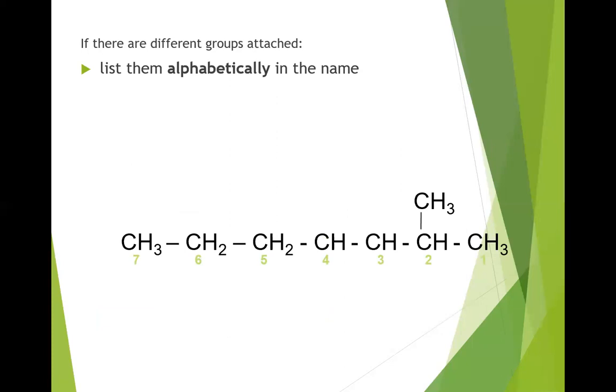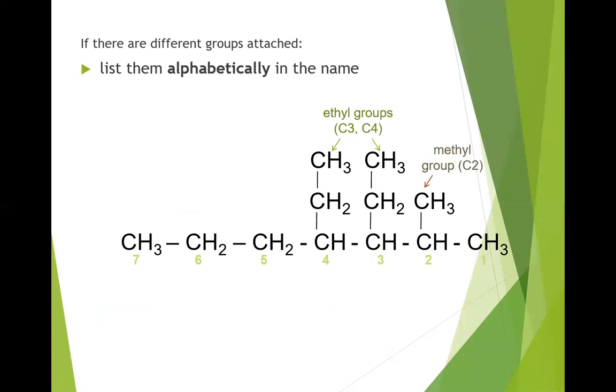Now, if there are different groups attached, you have to ensure that they are represented alphabetically. For instance, we have this. Just look at the structures. What could be the parent chain in this? The parent chain is 7, which is heptane: 1, 2, 3, 4, 5, 6, 7. But now look at this.